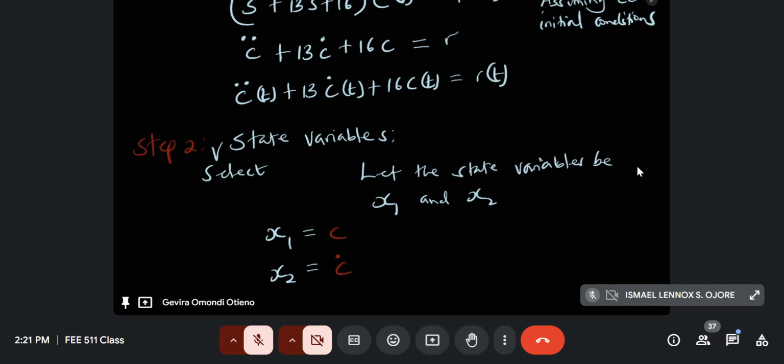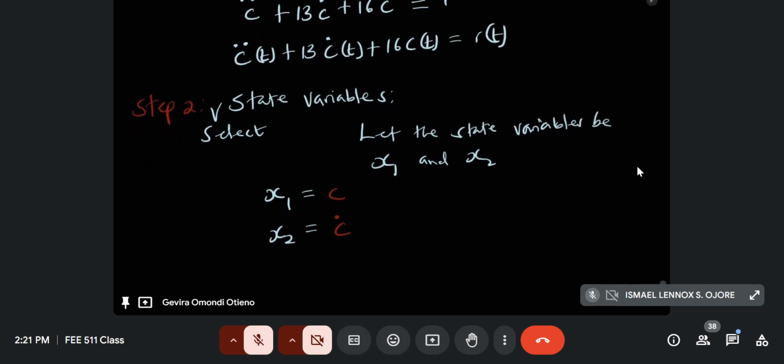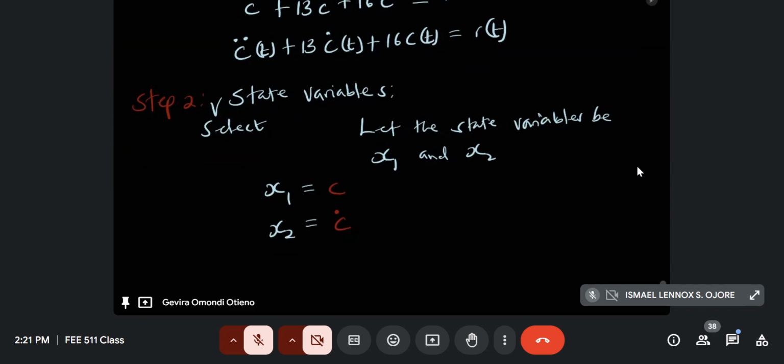Now, we are almost done. Remember, the idea is simply to convert a transfer function into state equations and the output equation. So clearly, you can see from our choice of the state variables, if I differentiate, let me just say differentiation.